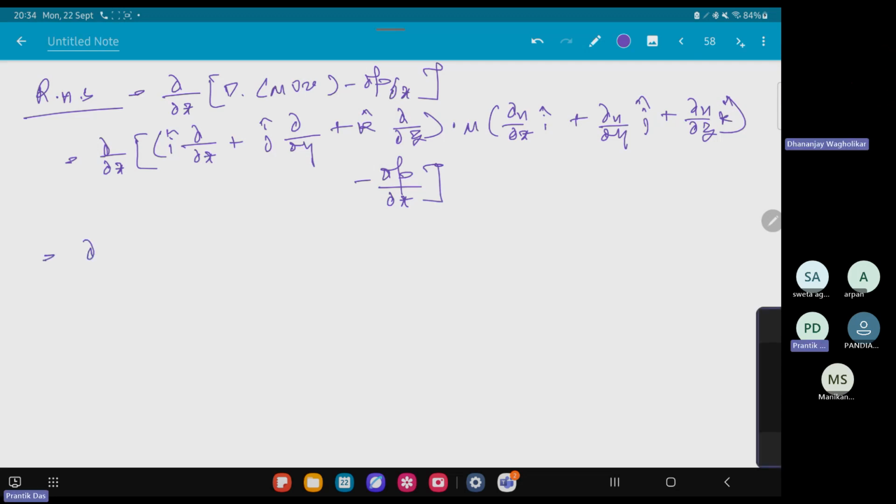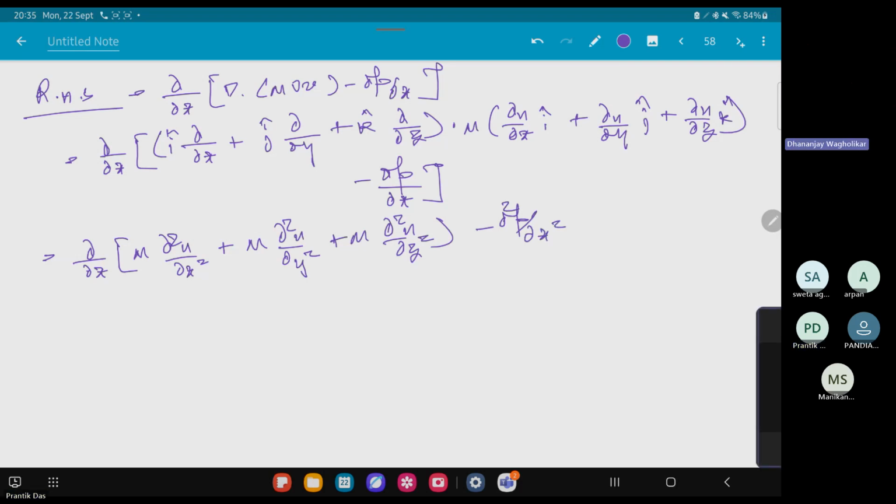So this is equal to d dx of mu d square u dx square plus mu d square u dy square plus mu d square u dz square minus d square p dx square. Is it clear to all of you?